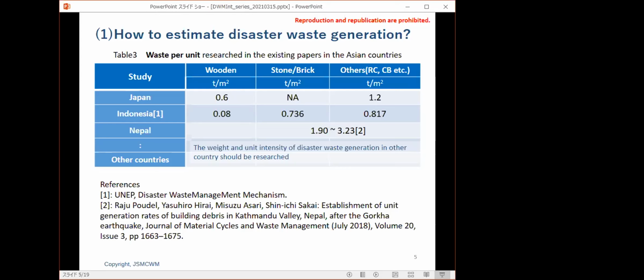So the waste per unit number will be 0.7 or 0.8 for other buildings, concrete blocks, etc. But these numbers are not researched in other Asian countries. So the numbers should be researched further.